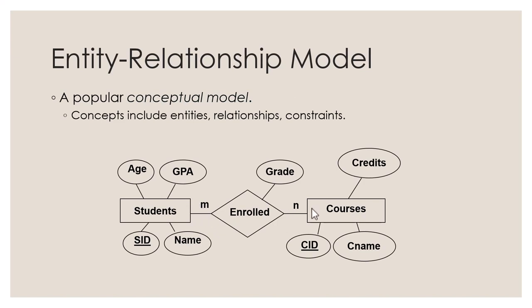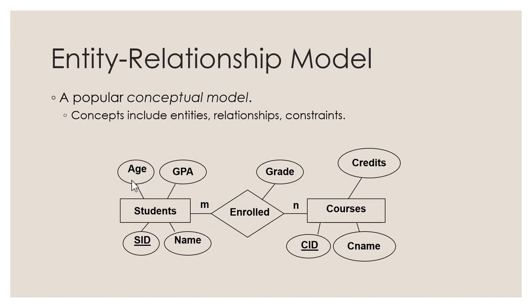Here you can see M and N. This has to do with cardinality. It's a many-to-many relationship, meaning students may be enrolled in multiple courses, anywhere from one to many, and courses can be taken by multiple students, one to multiple students. That's why we have M here.